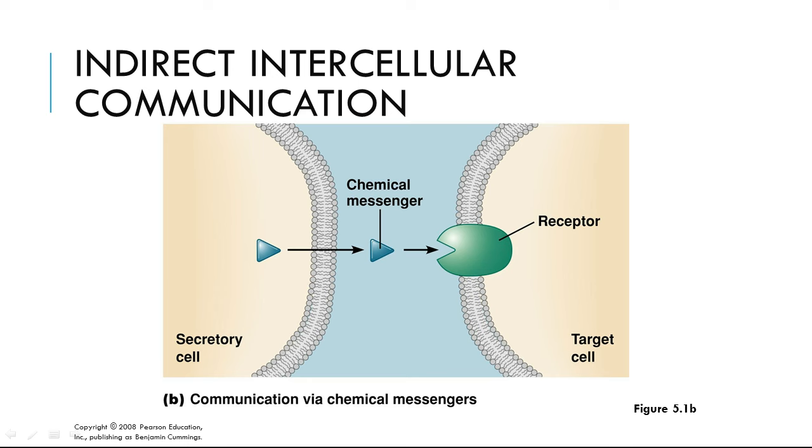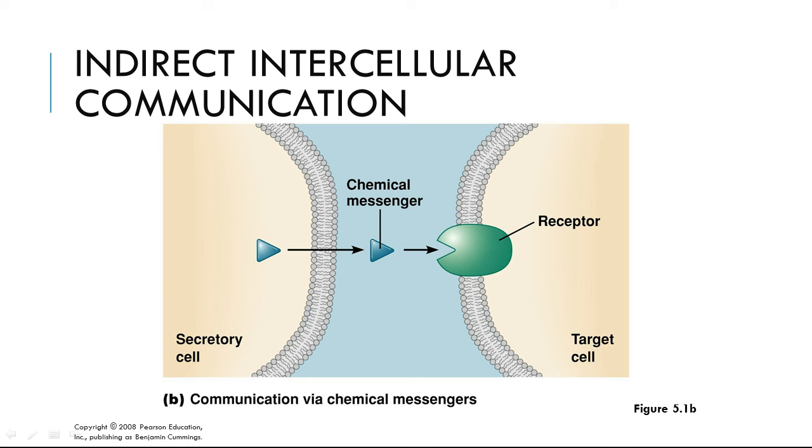We'll differentiate: hormone, neurotransmitter, whatever the case may be. So this is just a generic look at it. The chemical messenger has to come from some cell, and it has to do what? Go to another cell, because it's there to transmit signals, to talk. Our mode of communication in this case is chemical.